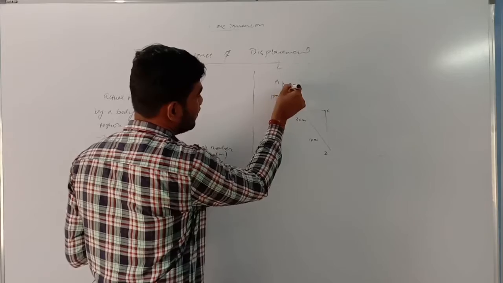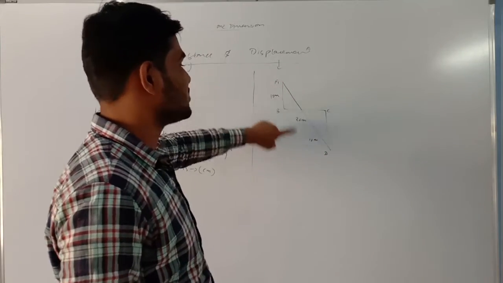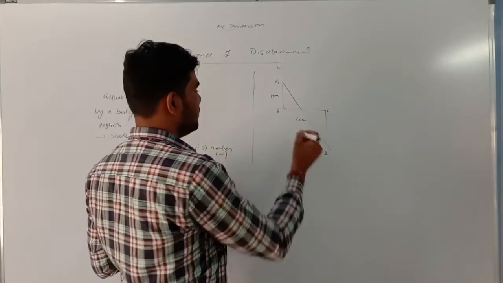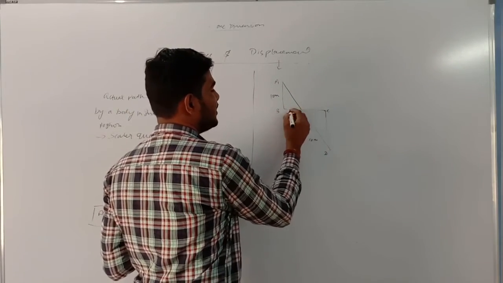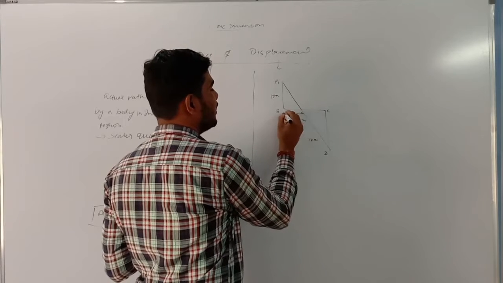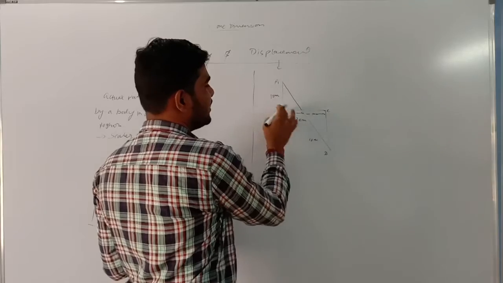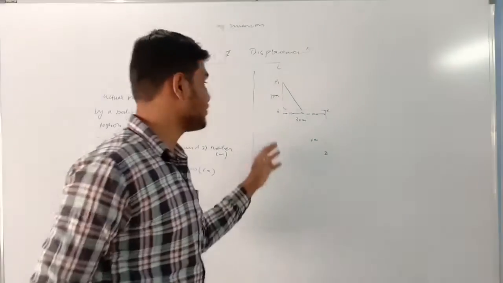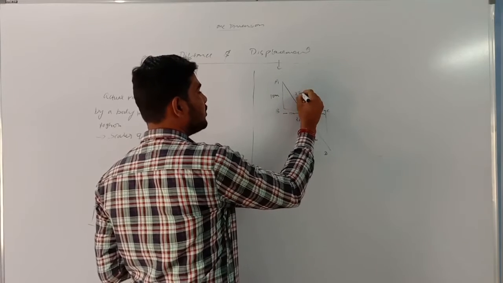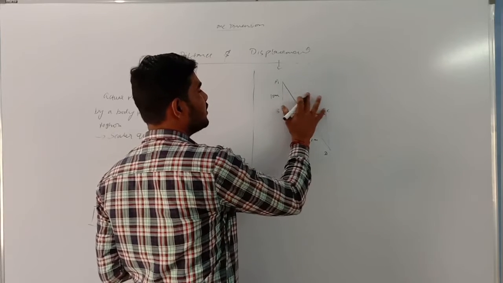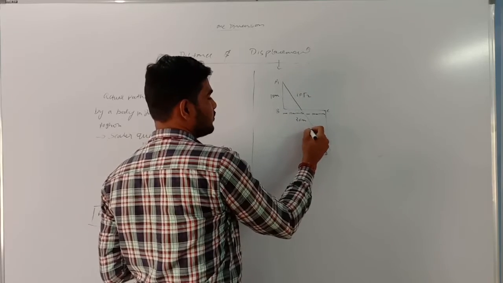We will join point A and point D. So let's compute it out. This is 10 meter, and this is 10 meter. So this is 10 and 10, and the Pythagoras theorem will be applied here. So this is 10 root 2, and it is also 10 root 2.